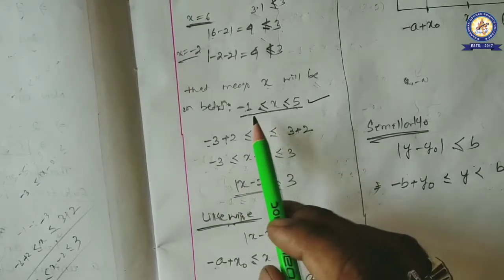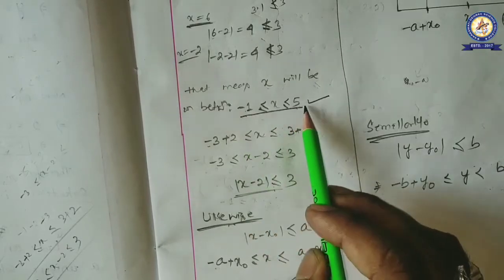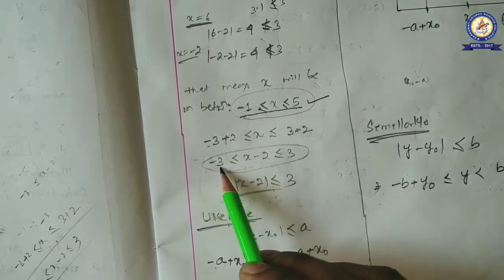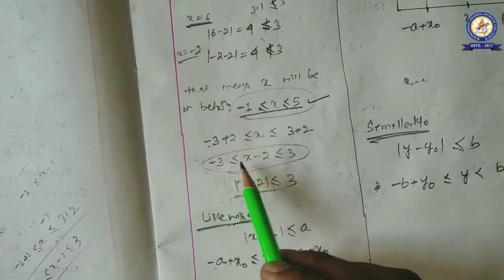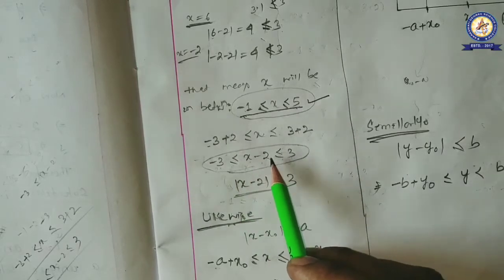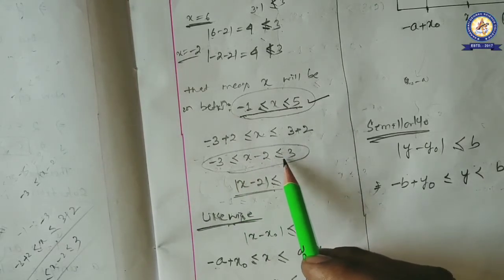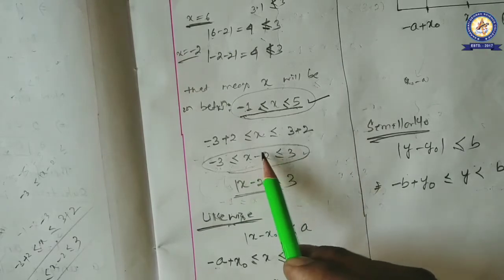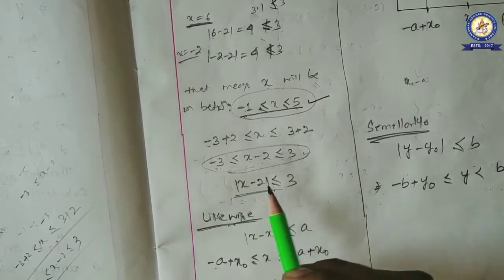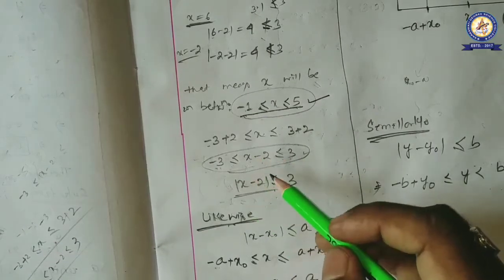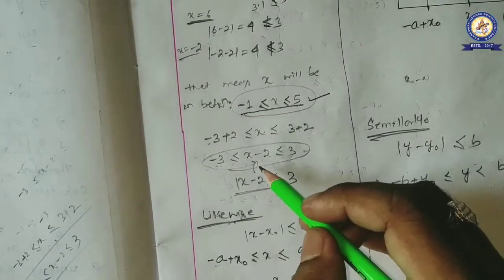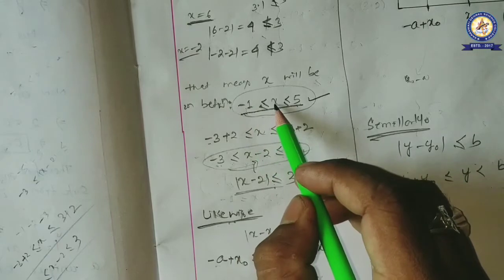That means the range minus 1 to 5 can also be written as minus 3 less than or equal to x minus 2 less than or equal to plus 3. That means |x − 2| has this range, or x from minus 1 to 5.